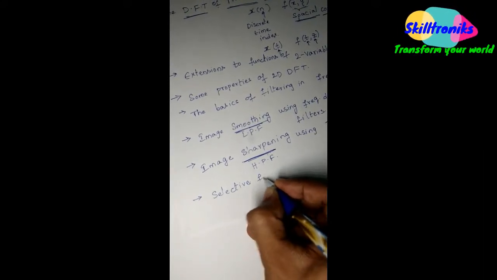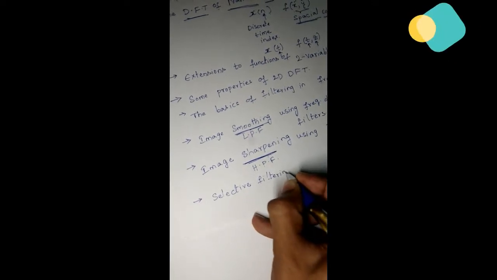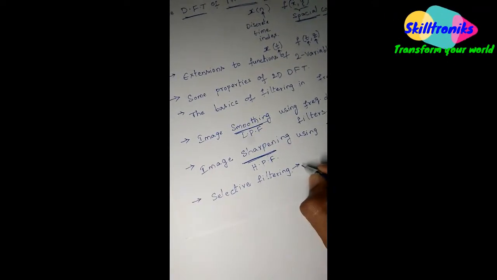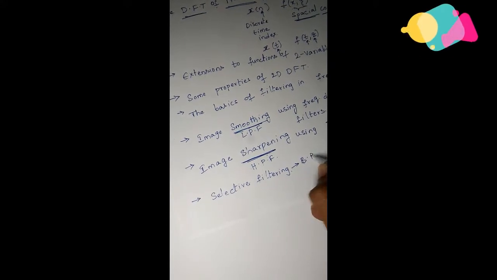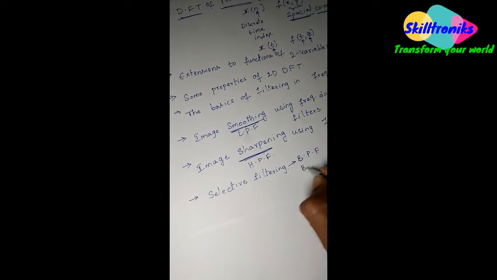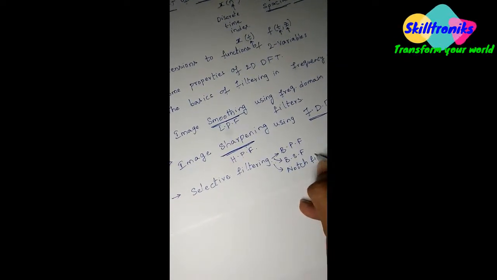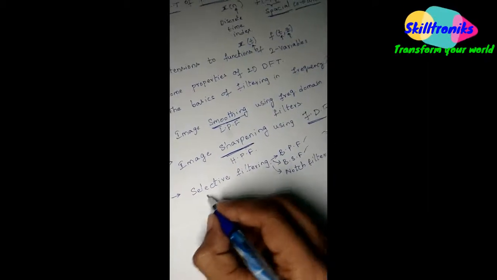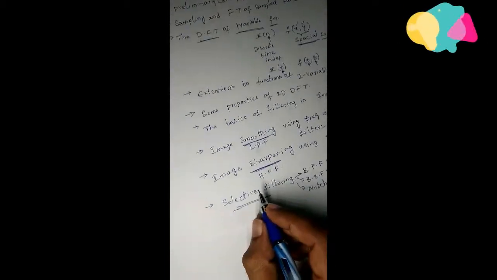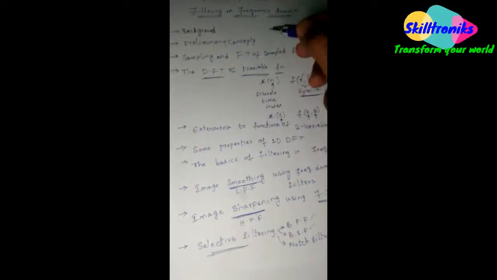Selective filtering means either band pass filtering, band stop filtering, or notch filtering. All these are commonly known as selective filters. So we are going to discuss all these topics in this lecture series.